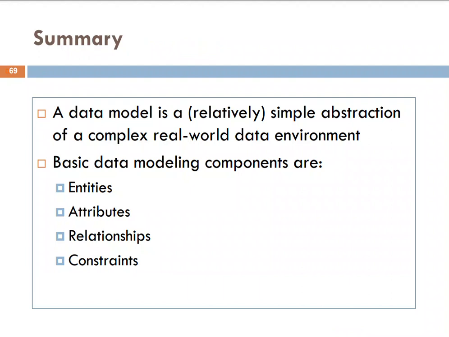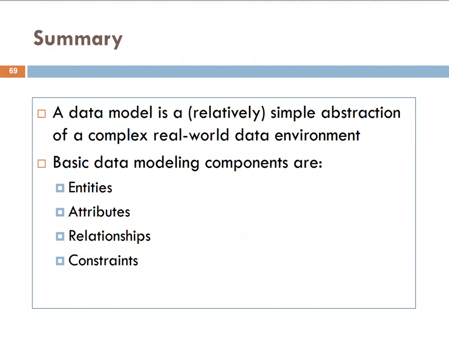So finally, as a conclusion, data model is a relatively simple abstraction of a complex real-world data environment. So data model ni diperlukan untuk kita represent dalam bentuk yang simple. Okay. Yang mana real-world data environment di sekeliling kita ni sangat kompleks.